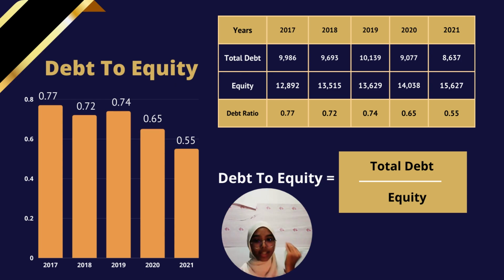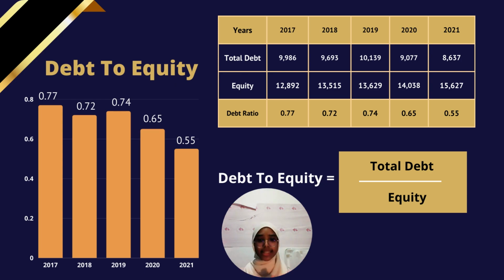However, as the table shows, a slight decline to 0.65 in 2020, and it has increased in 2021, resulting in the lowest debt to equity compared to 2017, 2018, 2019, and 2020.